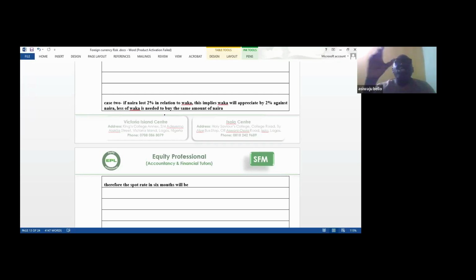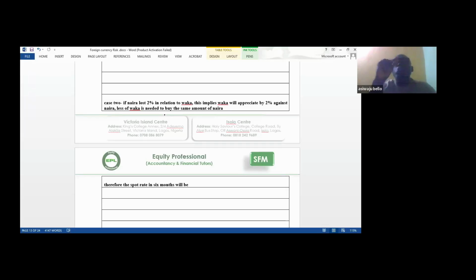Therefore, less of Waka is needed to buy the same amount of Naira. In this case, we need the spot rate in 6 months' time.